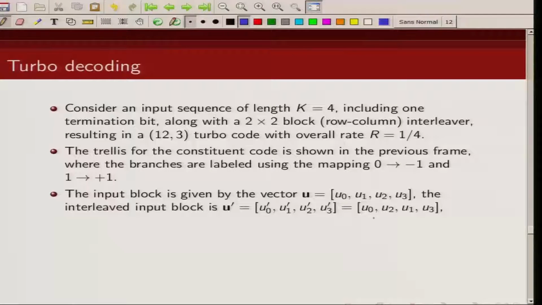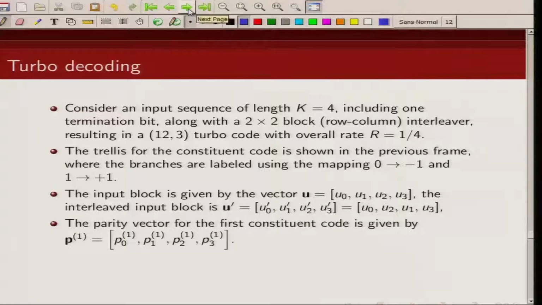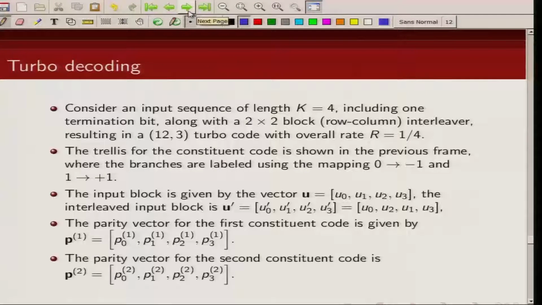If this is my input block, the interleaved block is given by u hat, and the corresponding parity for the first encoder is given by this, and the parity due to the second encoder is given by this. I use the notation P1 to denote the parity coming from the first encoder and P2 to denote the parity coming from the second encoder. U is my information sequence, and U hat is the interleaved version of the information sequence which has been fed to encoder 2.